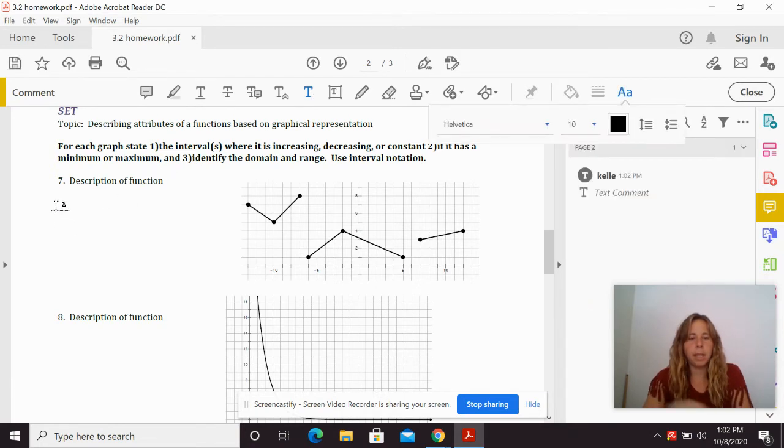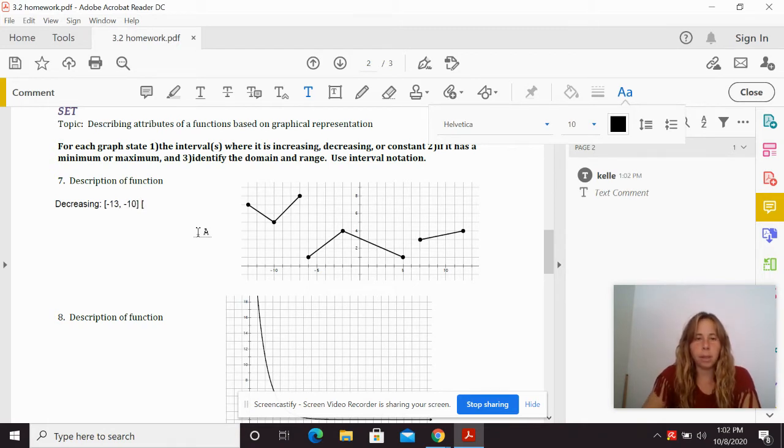So for instance, when is this decreasing? There are a few different spots where it's decreasing, but the first time I see it decreasing is right here. There to there, it is decreasing. That's negative 13, and it decreases until negative 10. So that's one interval where it is decreasing.